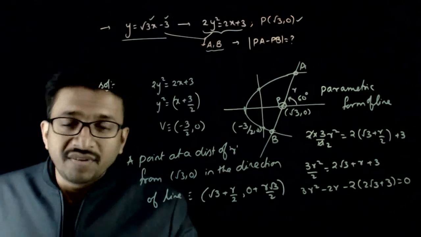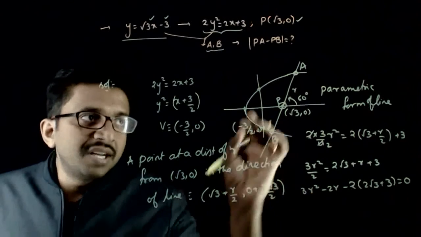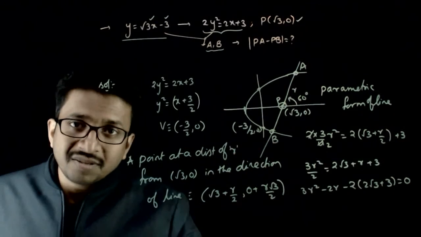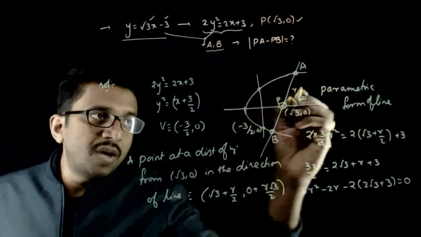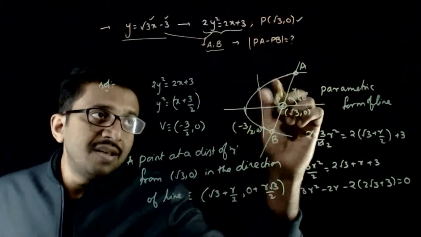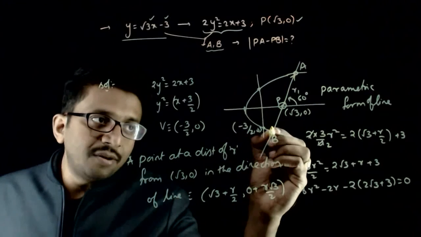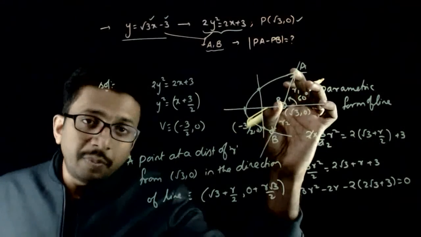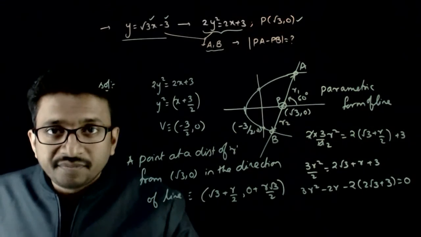Now what are the roots of this equation? The roots are r1 and r2 such that the points will lie on this parabola. But as you can see from the diagram, one of the roots will be positive and the other root will be negative.